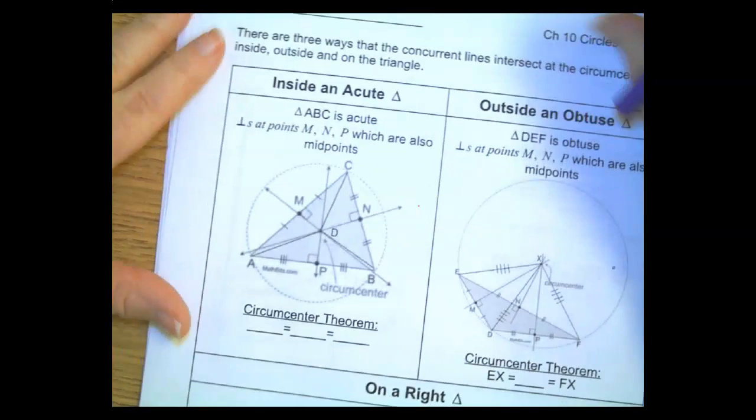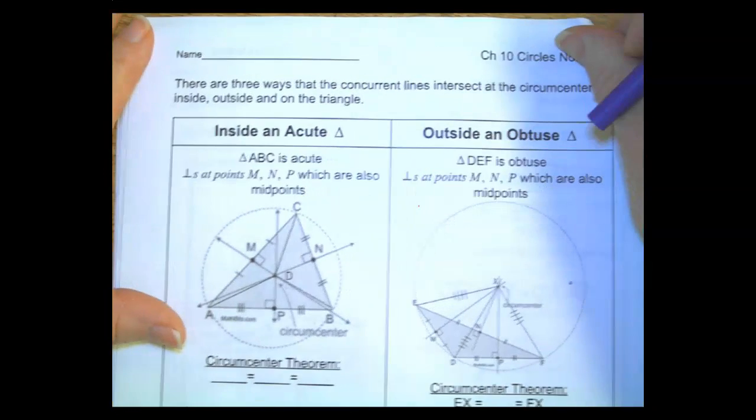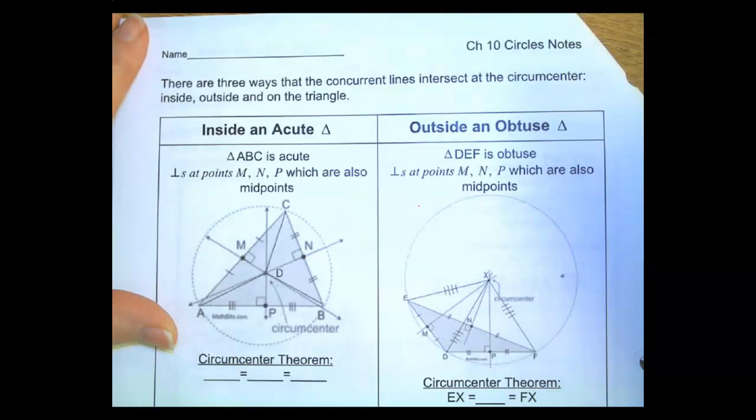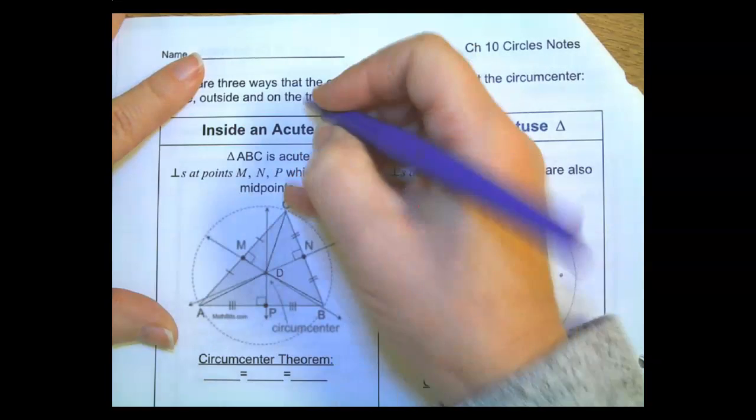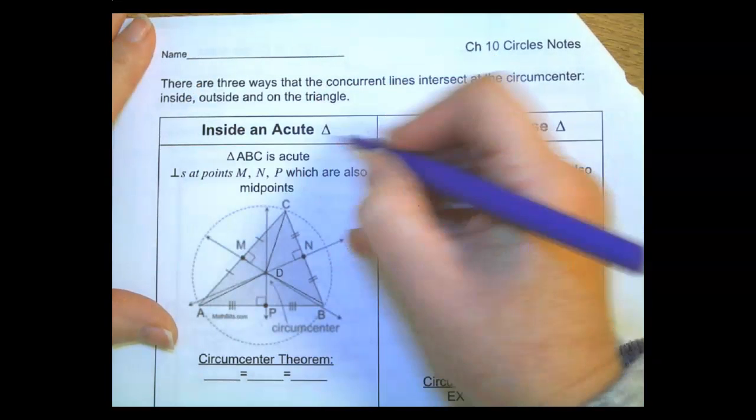There are three ways that concurrent lines intersect at the circumcenter: inside, outside, or on the triangle. So it'll be inside the triangle if it is an acute triangle. So it must be an acute triangle.